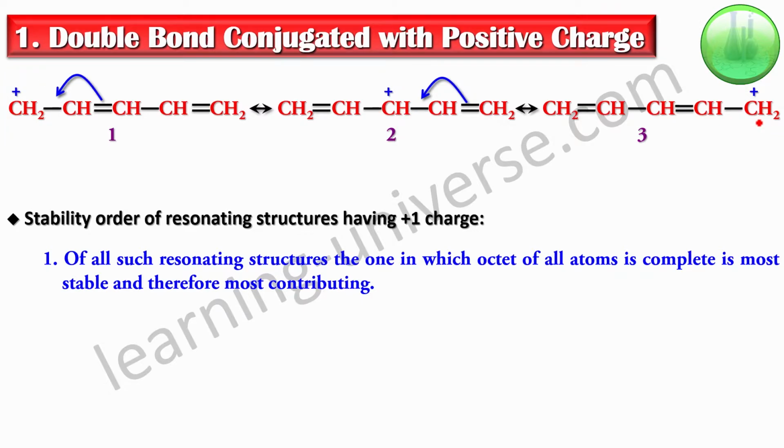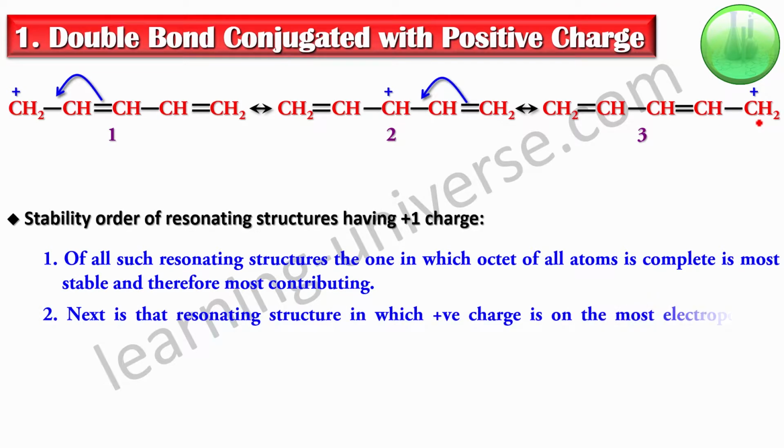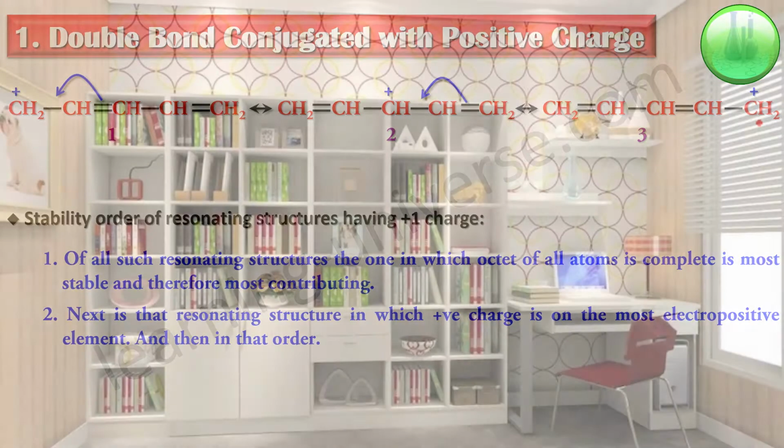Next is that resonating structure in which the positive charge is on the most electropositive element, and then in that order. So if it so happens that the positive charge in one case is on carbon, in the other case is on N, in the third case it is on O, and the octet for all of them is incomplete, then that structure is supposed to be most contributing, most stable, in which the positive charge resides on the least electronegative or the most electropositive element.